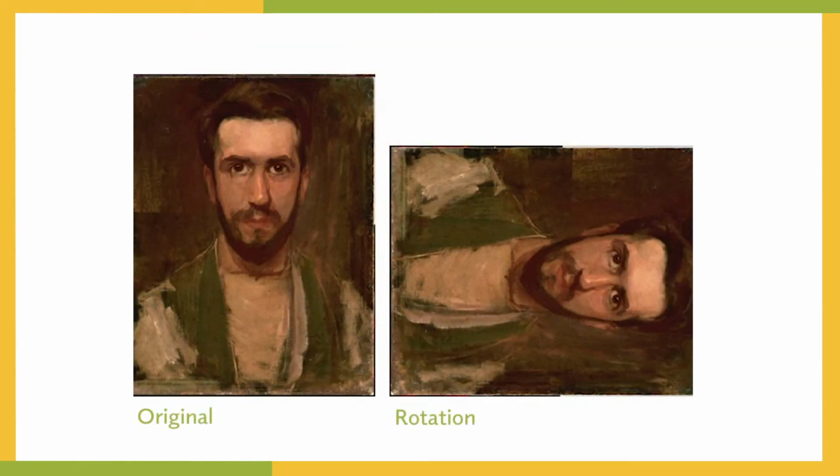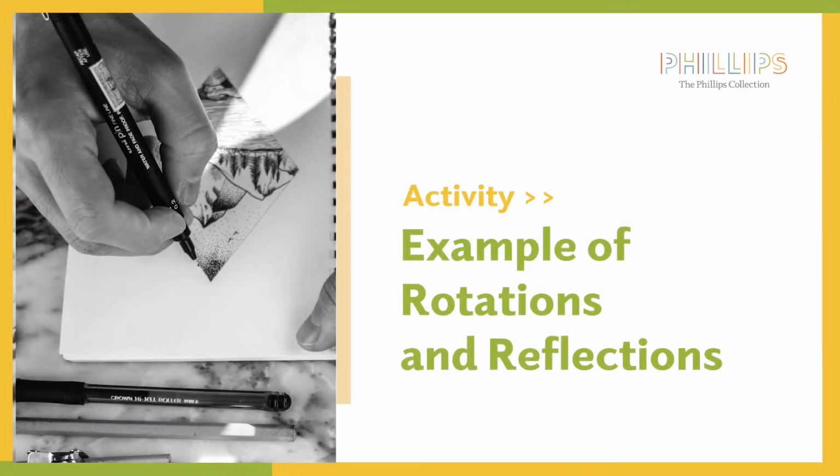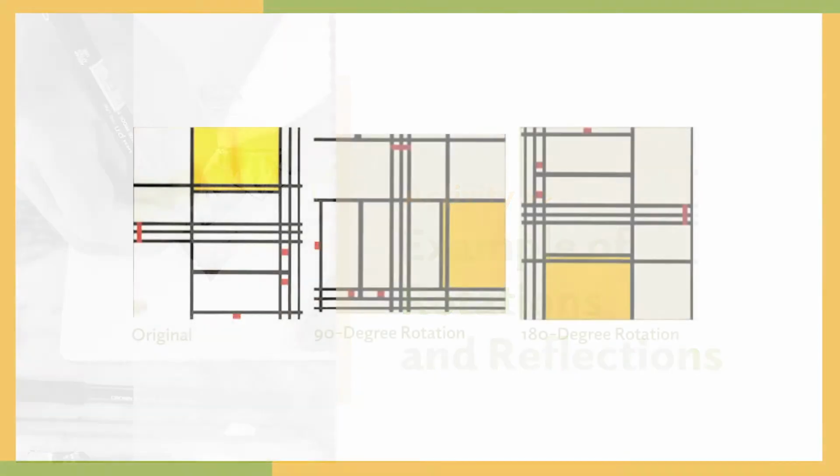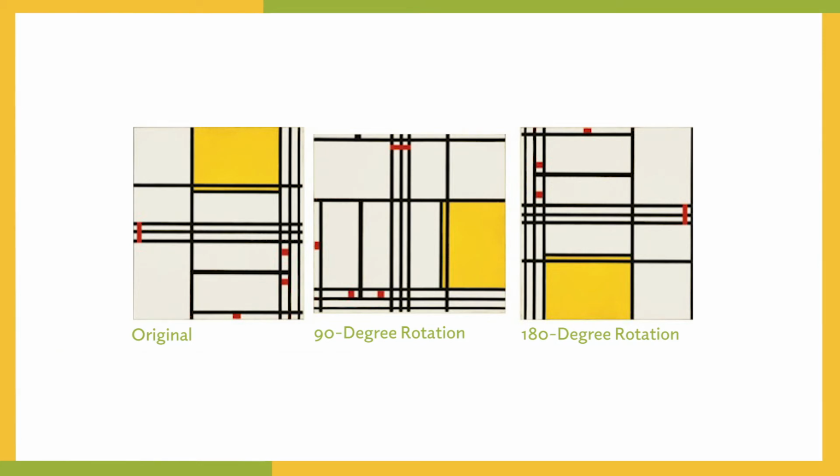This is what a rotation would look like. We've taken the original painting and we've rotated it 90 degrees. Here's an example of the original painting. This is painting number 9 by Piet Mondrian. And then this is a 90-degree rotation of it.